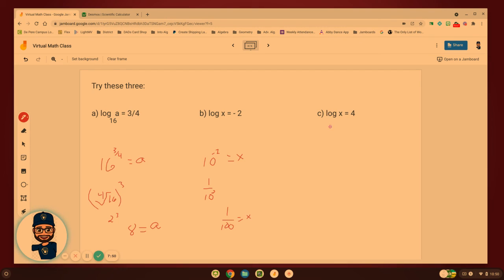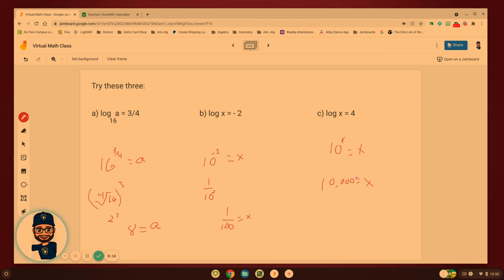Finally, letter C. Once again, our base is 10 because we don't have any numbers, so it's 10 to the opposite side's power. So 10 to the 4th equals x, and 10 to the 4th is a 1 followed by 4 zeros, or 10,000. 10,000 would equal x.